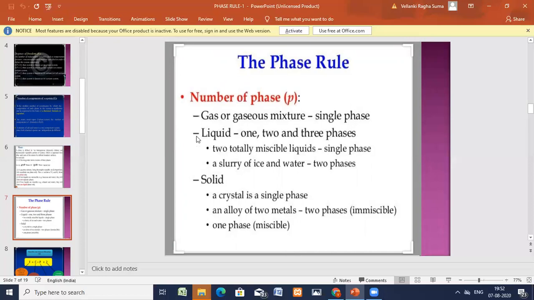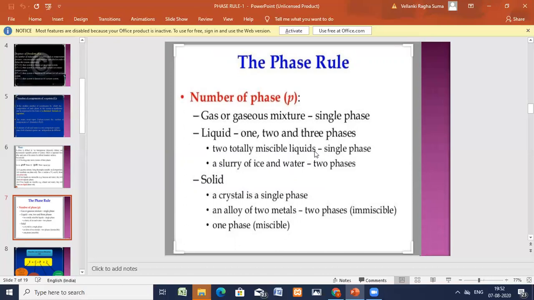For liquids, 1, 2 or 3 phases can be there. If 2 are totally miscible, it is a single phase. Ice and water are 2 phases.